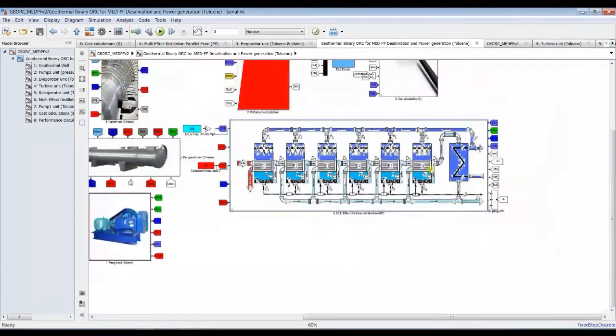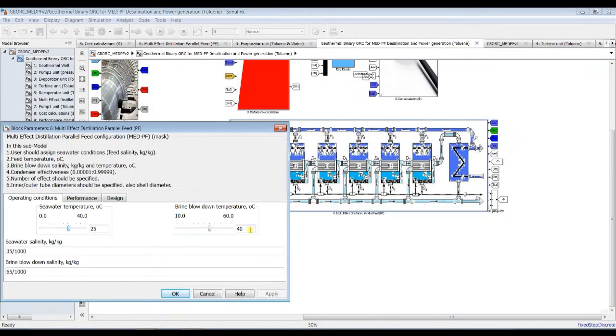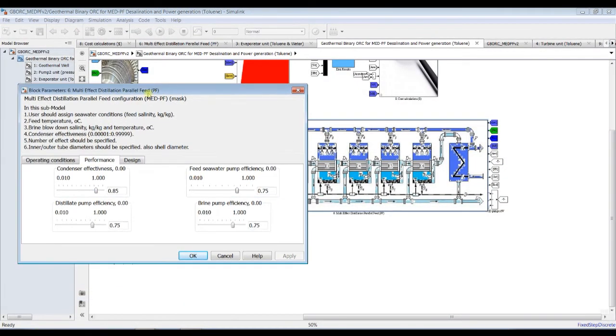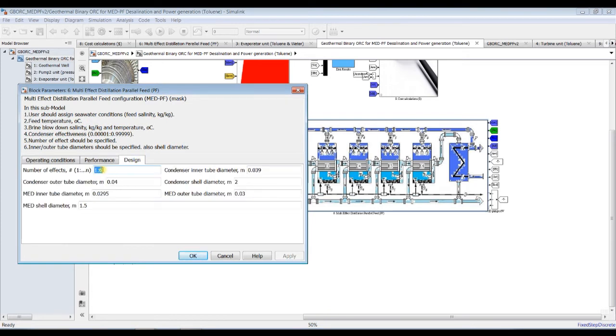We have to assign brine blow down temperature and some efficiencies, and design how many effects you are going to use. 2, 4, 3, 10, 12, it's up to you, because if you assign more effects, it will increase the efficiency or performance of the cycle, and it will cost you low mass flow rate.